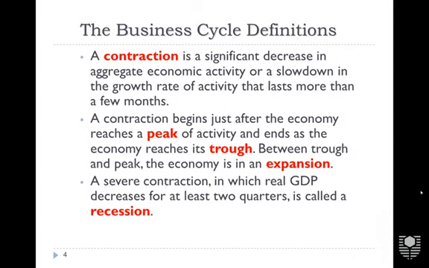Contraction begins after we reach the peak. So once we reach the best possible point of the business cycle, then the next phase that we would be expecting in any economy would be a contraction phase. And it ends when we reach the other turning point, which is the trough.